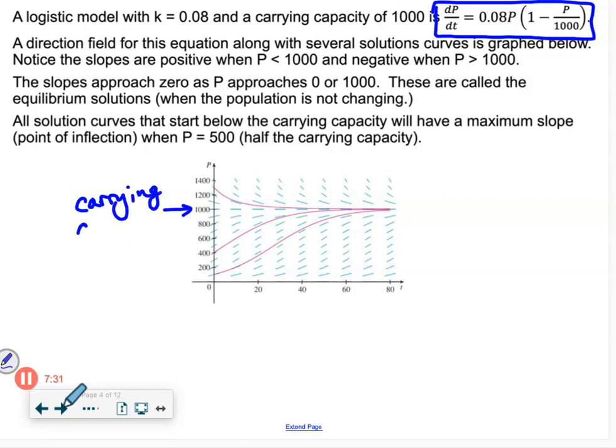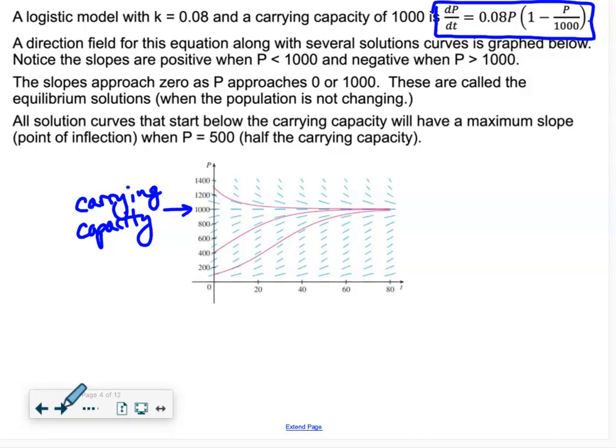So when you have a carrying capacity, this right here, that's your carrying capacity. If your population starts below the carrying capacity, which is what happens most often, then it grows until it gets close to the carrying capacity and then it levels off. If it starts above the carrying capacity, it gets driven down to level off at the carrying capacity.